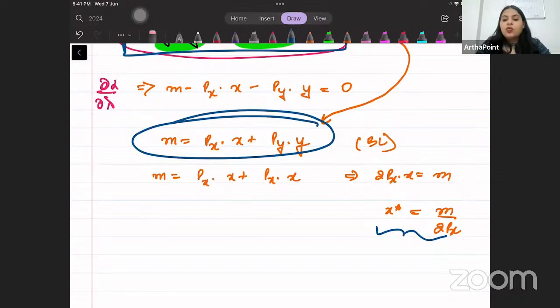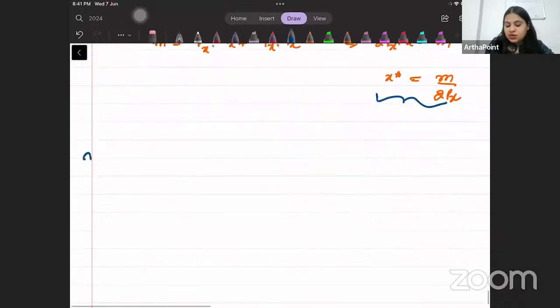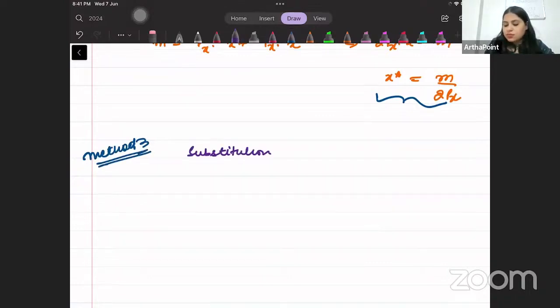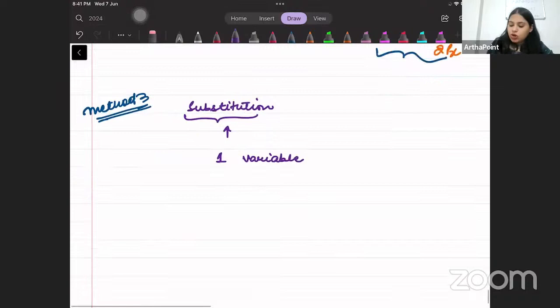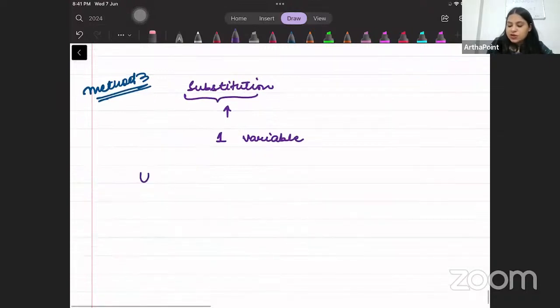Now, what you have to go ahead and do is, as homework, try it using method 3. Method 3 is the method of substitution. I want you to try it. Method of substitution says, make your utility function in one variable. So your utility function was x into y, right?